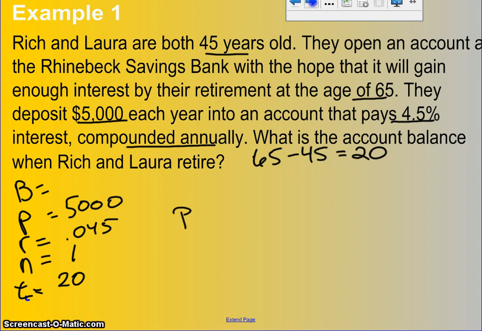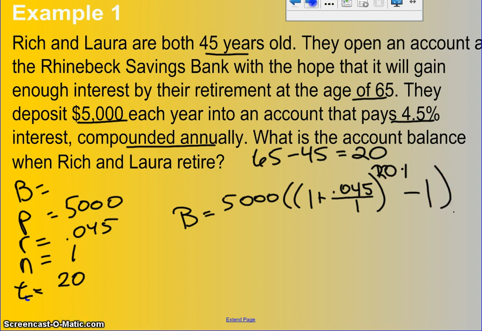We've got B equals 5,000, and then we've got (1 plus 0.045 divided by 1) to the 20 times 1, minus 1, all of that divided by 0.045 divided by 1.